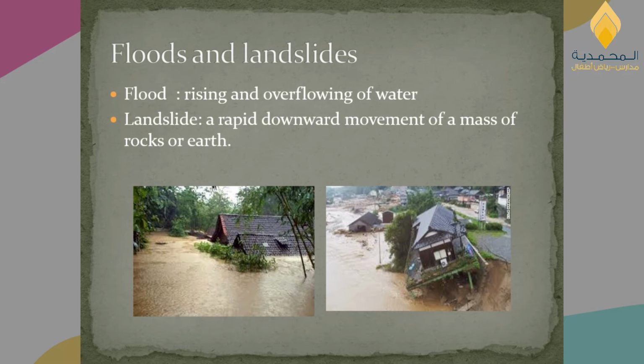Floods and landslides. Flood is the rising and overflowing of water, as in picture 1. Landslide is a rapid downward movement of a mass of rocks or earth, as in picture number 2.